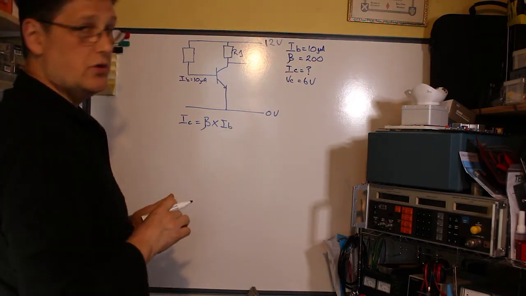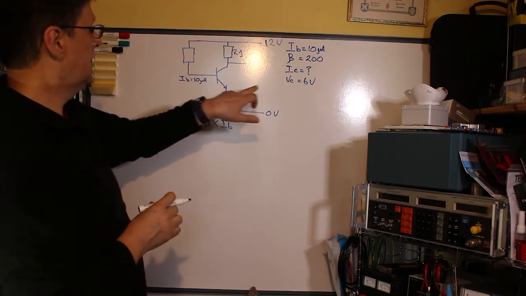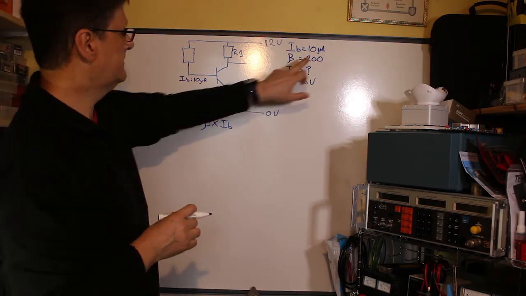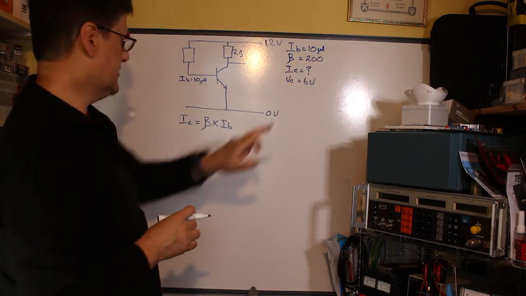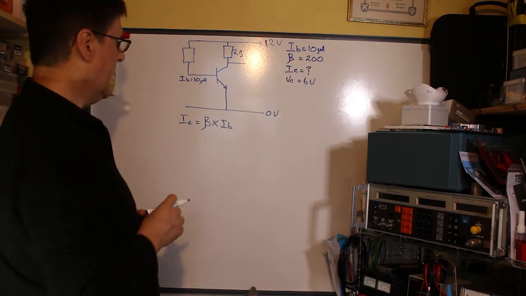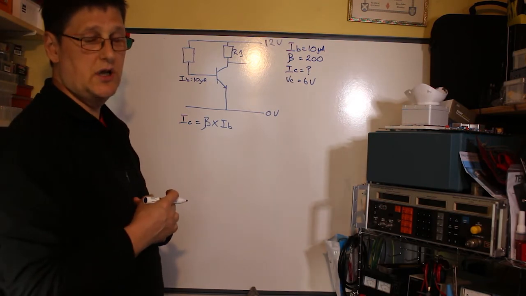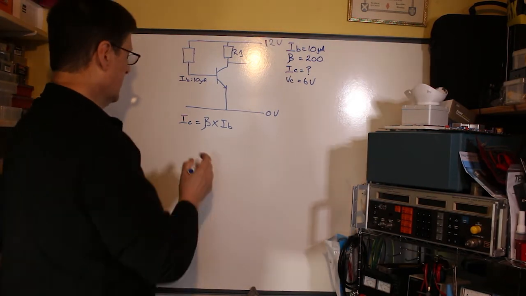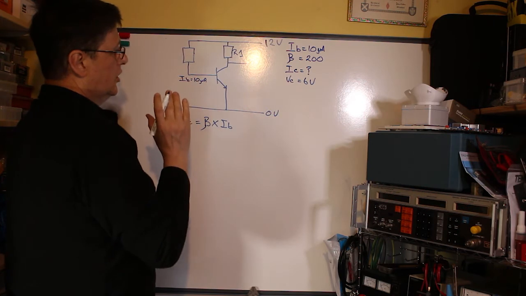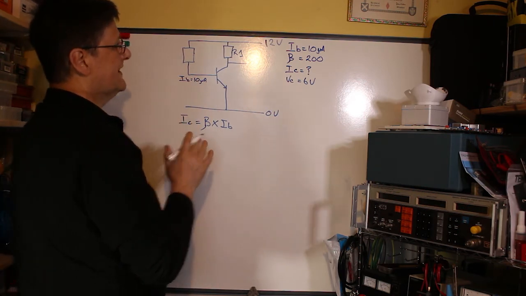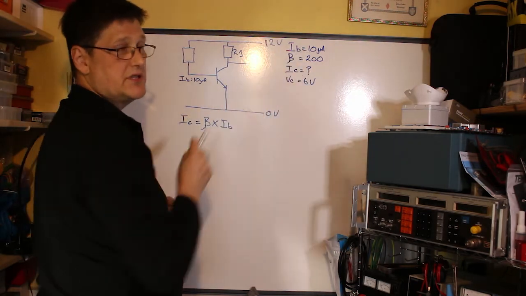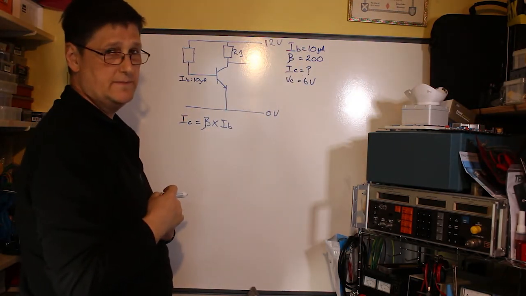So what we have to do is transpose these two values, the base current and the beta, into our formula, and that will then give us our value. One thing to remember is your units here. Units are important. This is not 10 amps, this is 10 microamps.